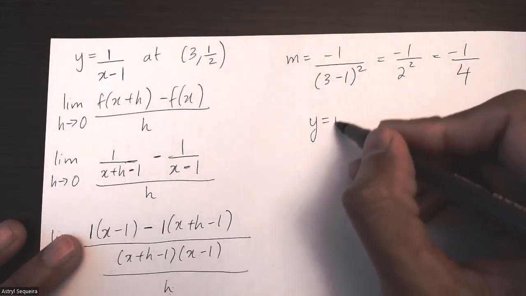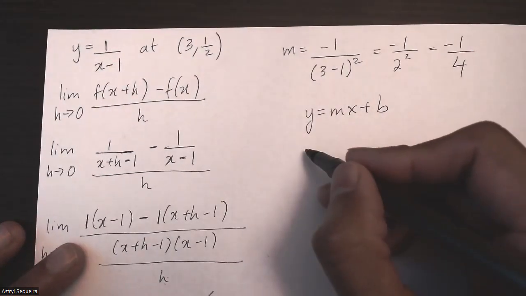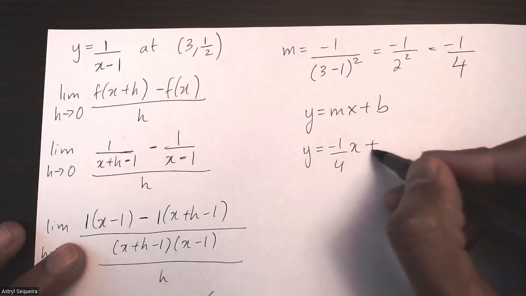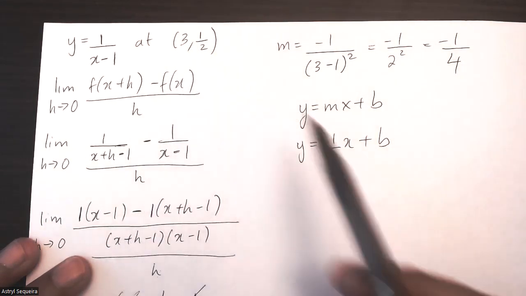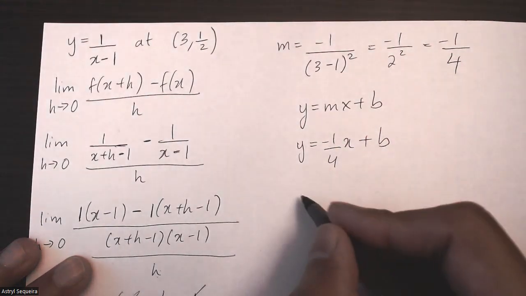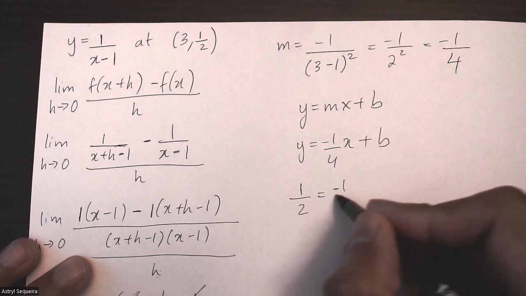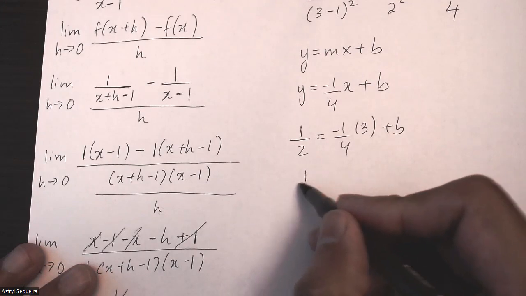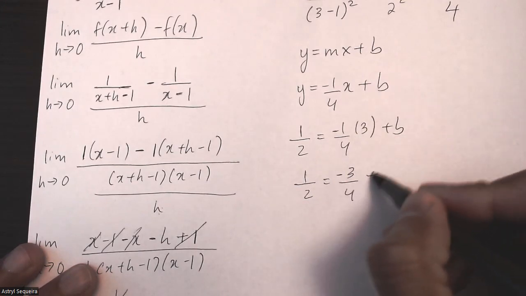Now I'm going to find the equation of the tangent line by doing y equals mx plus b. So y equals negative 1 over 4x plus b. I'm going to sub in the x and y value to find my b over here. So y is 1 over 2, x is 3, 1 over 2 equals, this is just going to be negative 3 over 4 plus b.